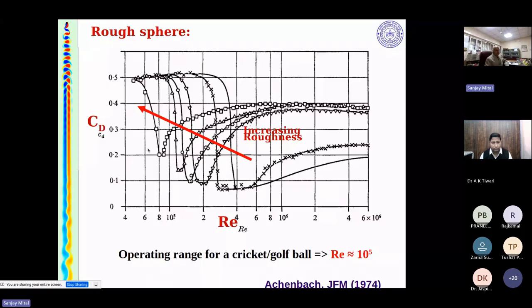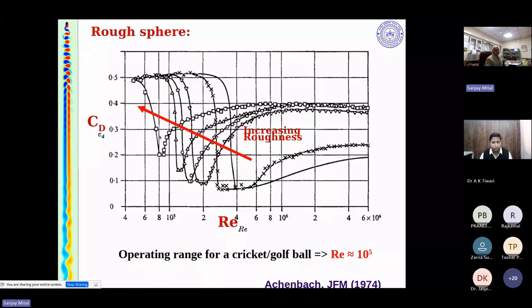But of course, the drag, which was very small for a smooth sphere, now actually becomes a little bit larger as you increase the roughness. So the message is that if you want to reduce the drag at a large Reynolds number for a sphere, you could possibly try making it rough so that the transition occurs a little bit early.